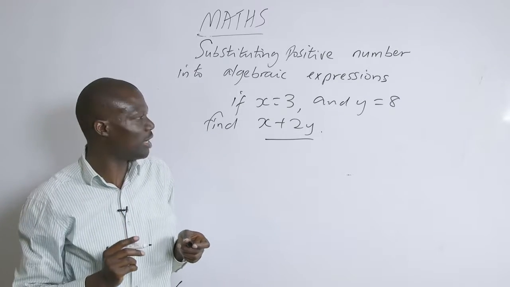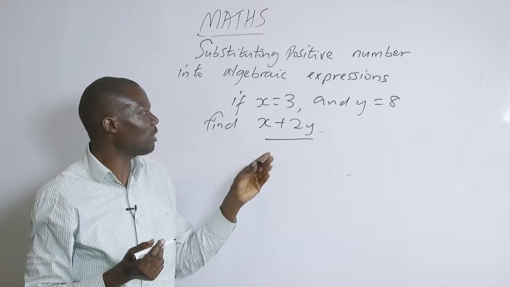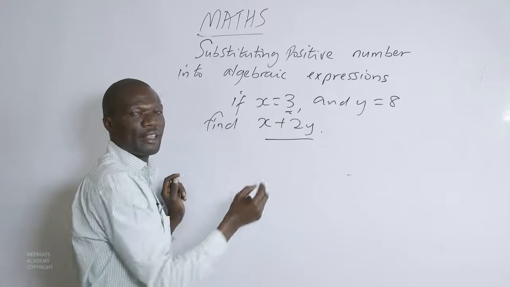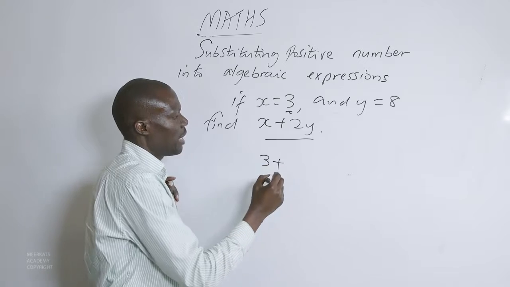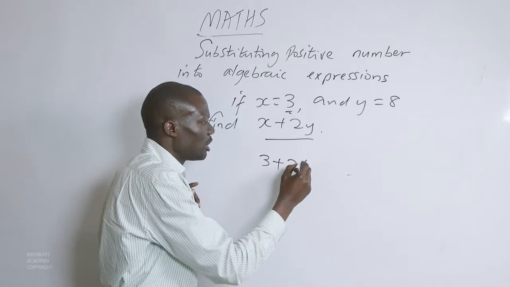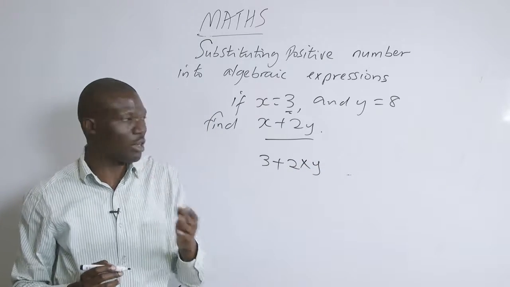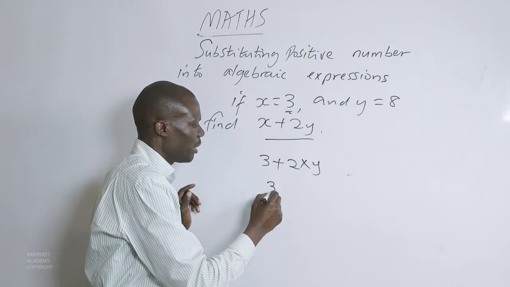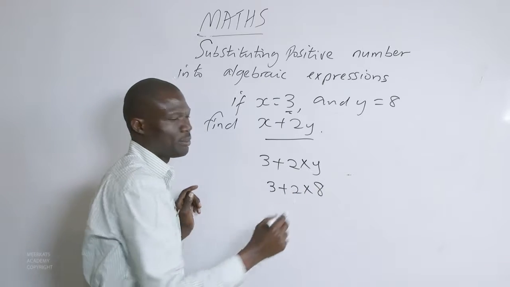So what it implies is that we shall replace the values. Where we have an x, we shall write a 3. So this is equivalent to 3 plus 2y, and 2y is the same as 2 times y. But what is the value of y? The value of y is 8. So we rewrite this as 3 plus 2 times 8.